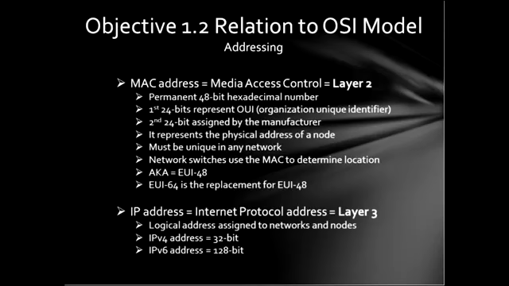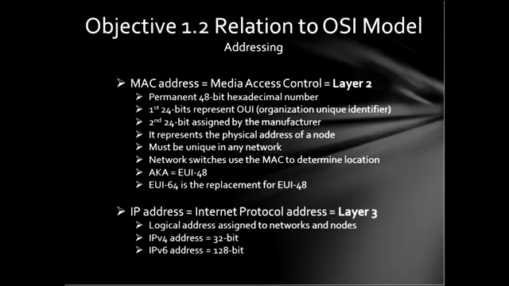It has to be unique on the network on which it resides. In most cases, that's not a problem. 24 bits is actually a fairly large number. Your chances of having 2 network interface cards by the same manufacturer with the same last 24 bits is kind of slim. So usually that's not a problem.